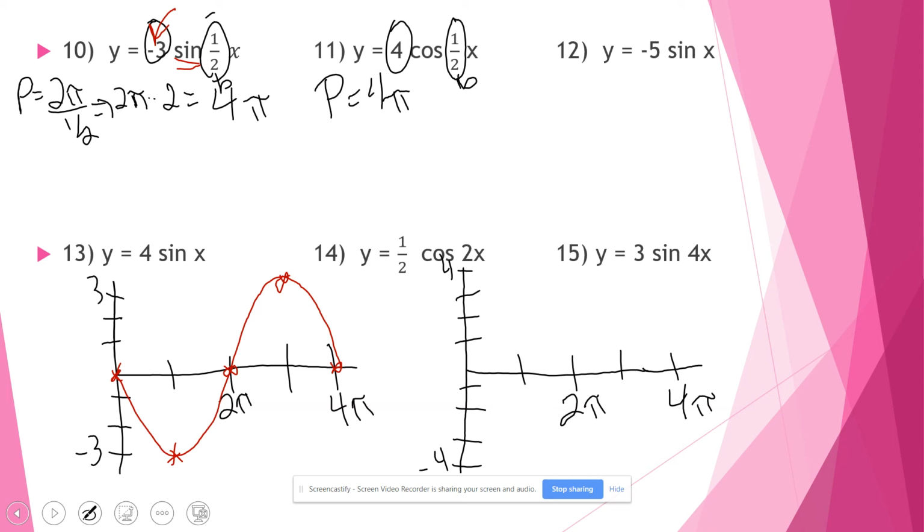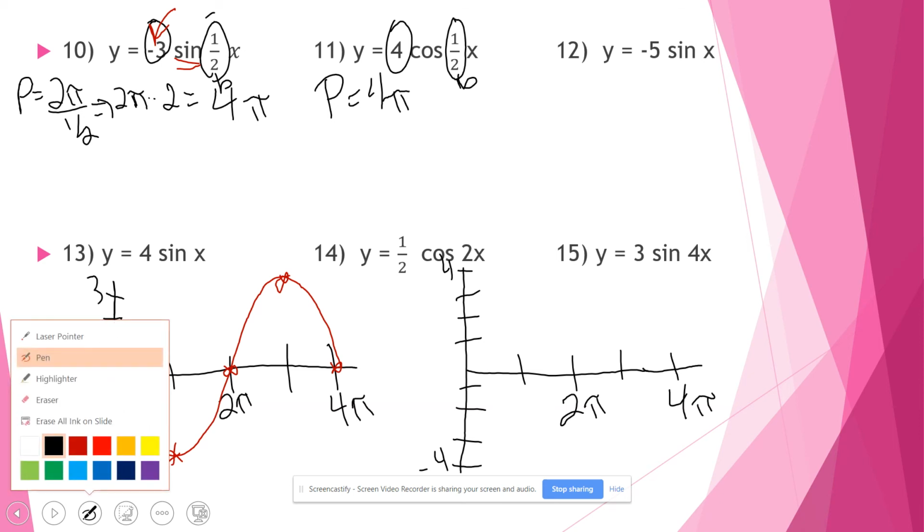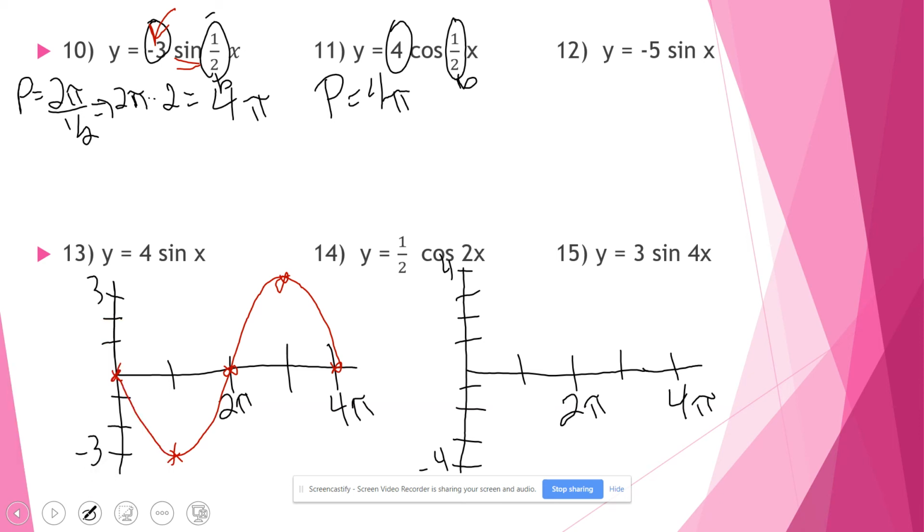Halfway is 2 pi. Again, cosine starts at A. A is positive 4, so we're up here at positive 4, 0, negative 4, 0, positive 4. Curvy line.